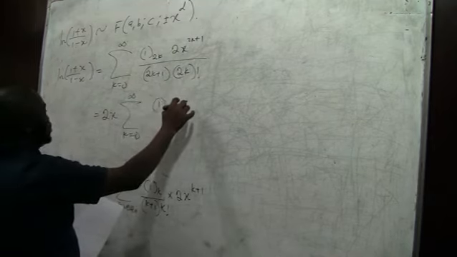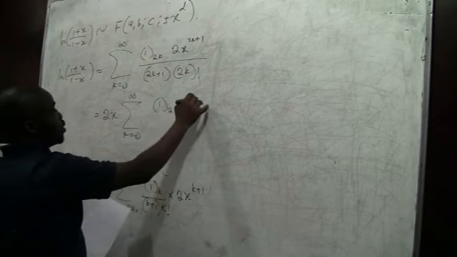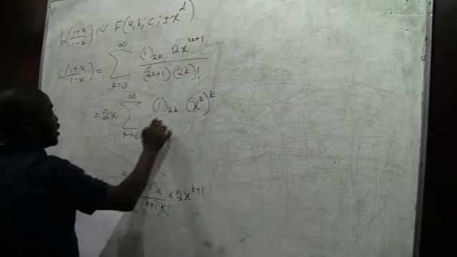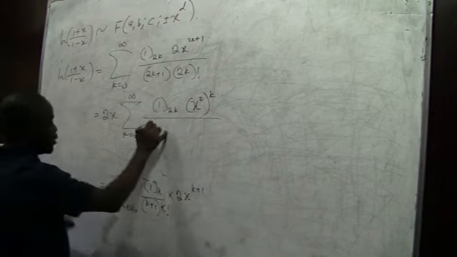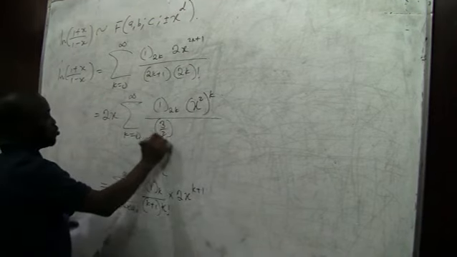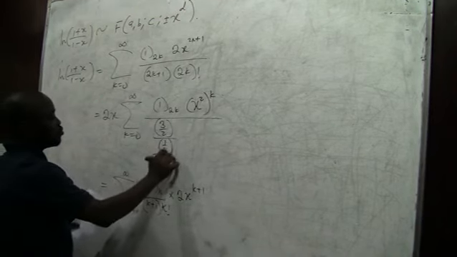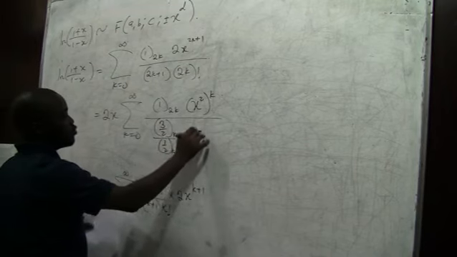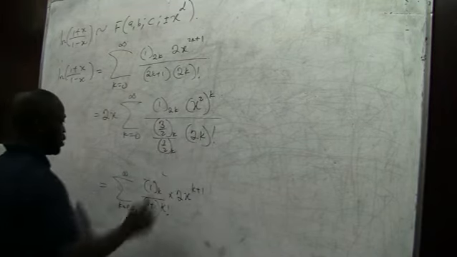Of course, we have established the value of this one before. Let me write (1)_{2k}. I have this one to be x raised to the power 2, then k outside, divided by (3/2)_k, then I have (2k) factorial.